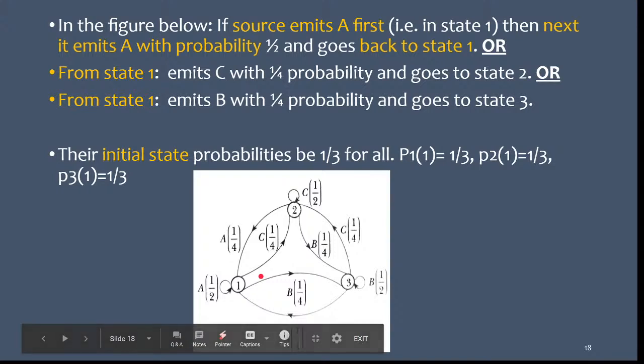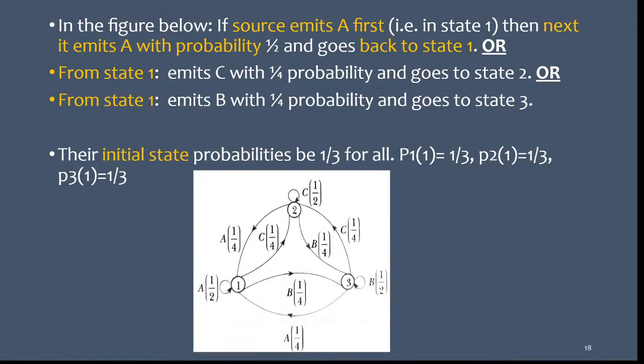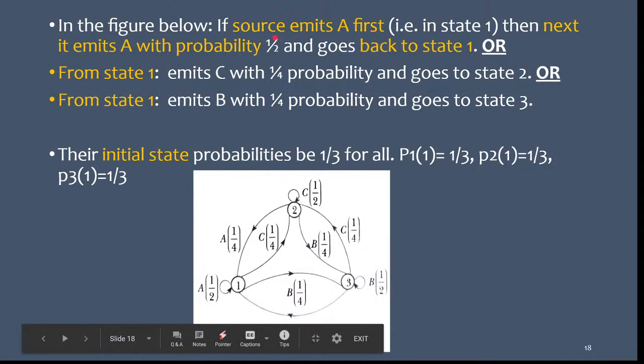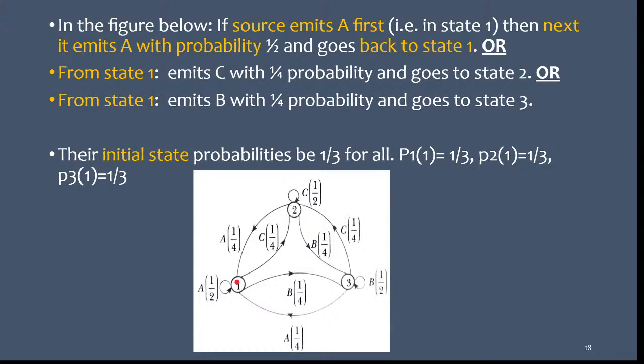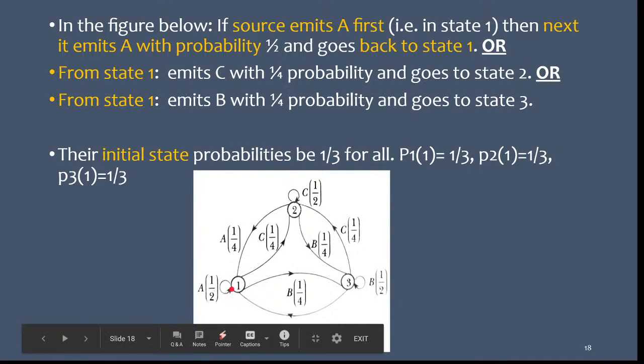Now, in this case, as I mentioned, the source emits A first, that is indicated by state 1. Then it emits A with the probability of half. That means it is coming back to the same state.